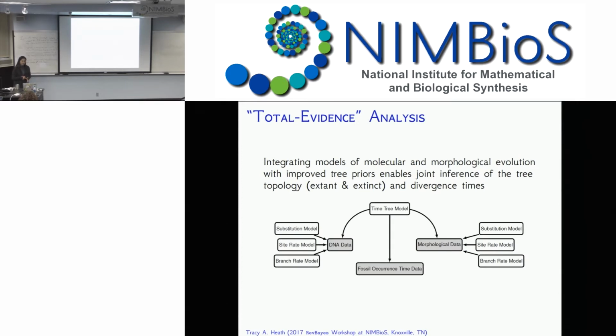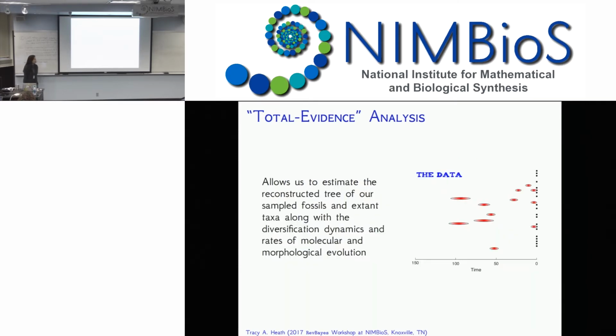So when we have all of these model components together, and I think I've talked about all of them now, we can link them together and do our full total evidence analysis. What we're thinking about now is that our data are time intervals and observations of living taxa, and we might have characters associated with them.